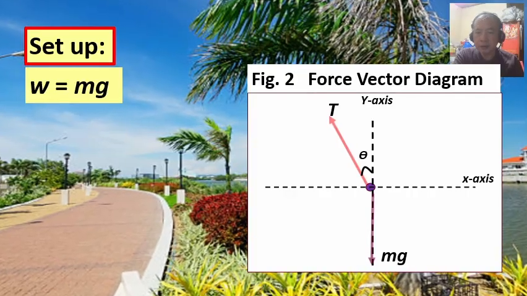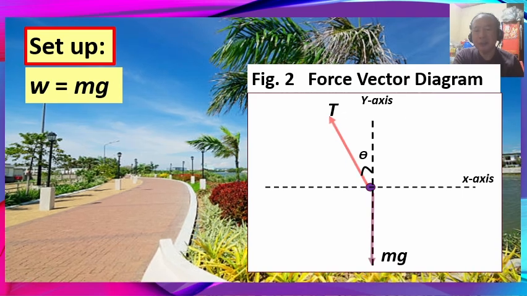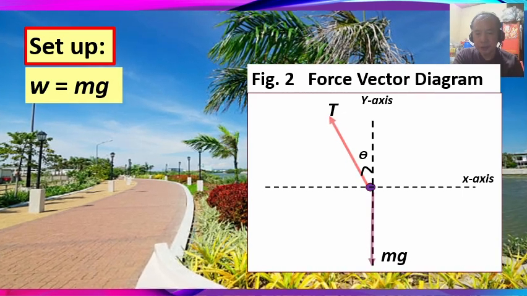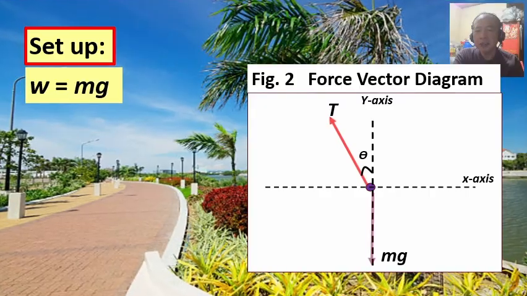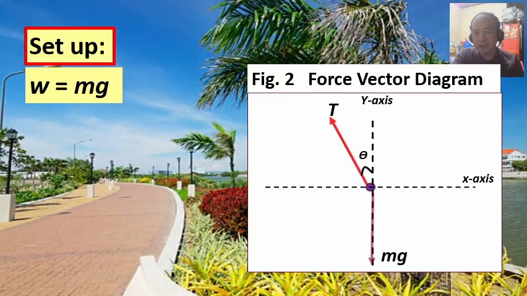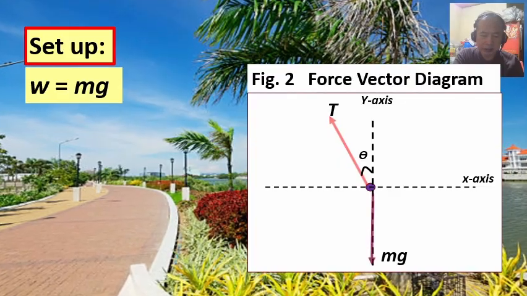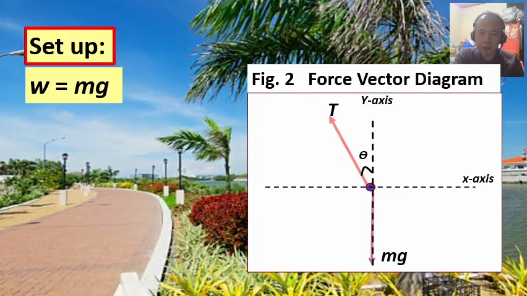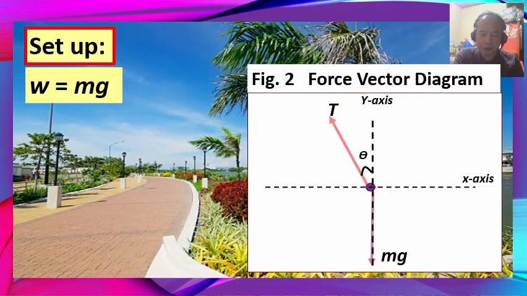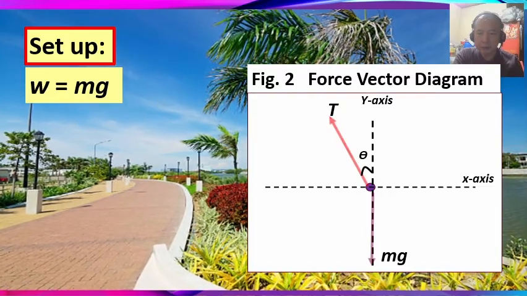And the force exerted by the thread is considered the tension force, labeled capital T. And this tension force makes an angle theta with the vertical.